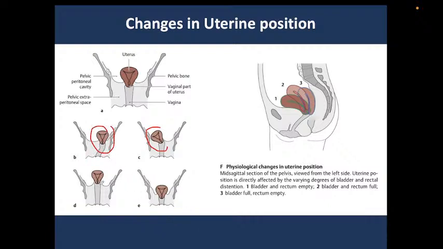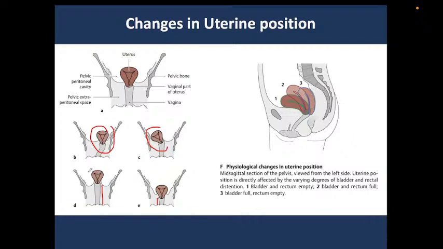And you see the size of the vagina is different. Sometimes it is very short, sometimes it is a long vagina, and it also depends on the size of the vagina.